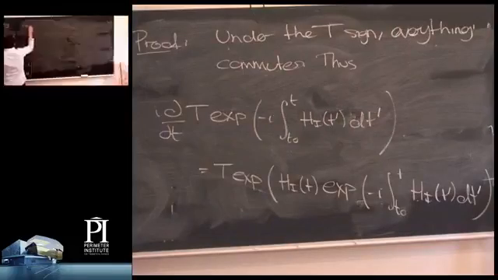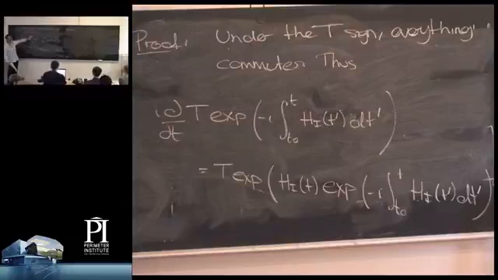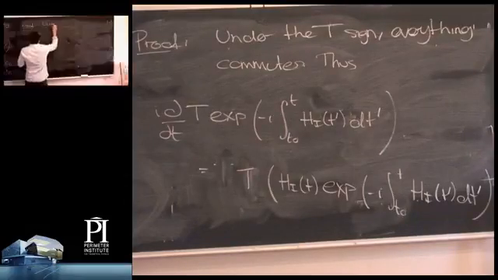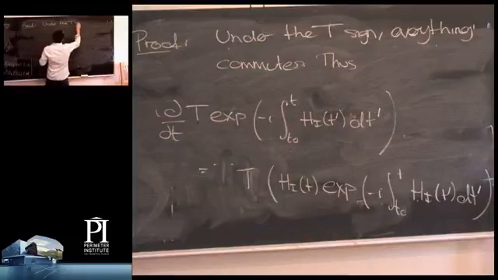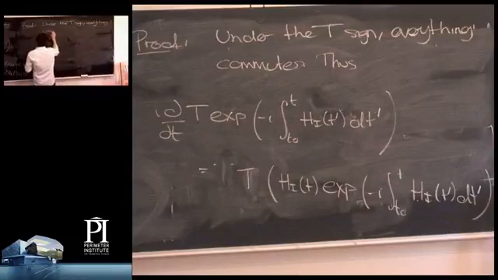Okay. So let me just prove that this is the case. The key thing is that this T symbol here means that inside everything commutes. Okay. So inside or under the T sign, everything commutes. So why does everything commute?